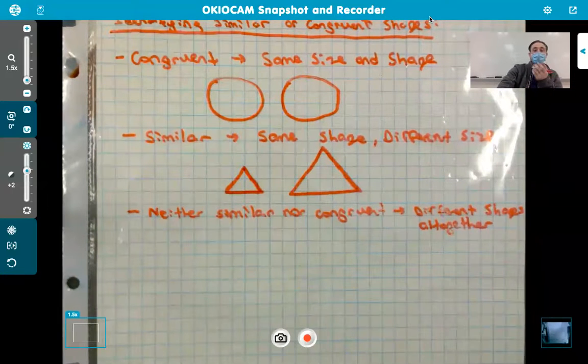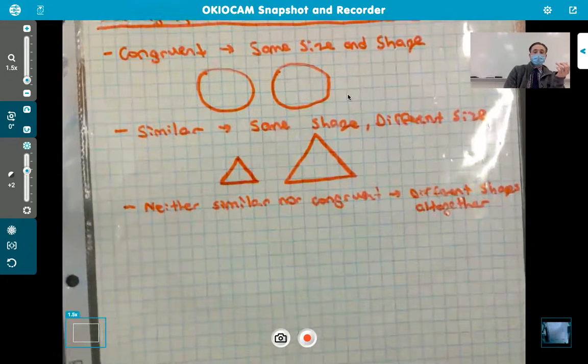So congruent figure, same shape, same size. Similar would be same shape, different size. And then if they are neither similar nor congruent, they are different shapes altogether.